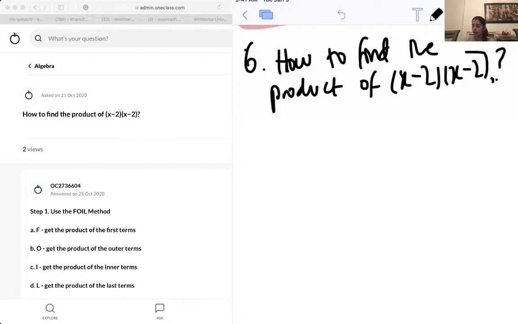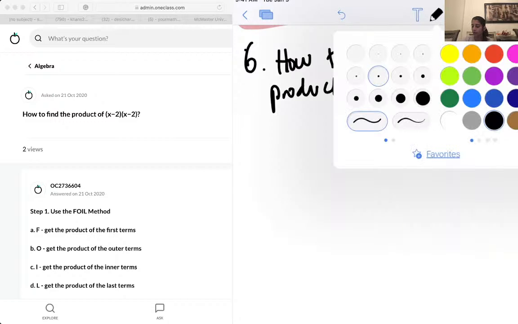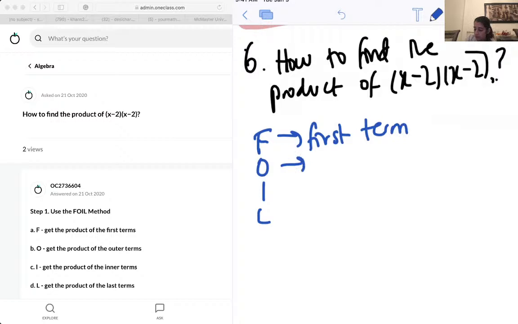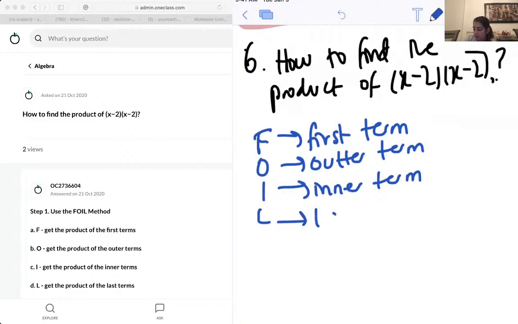So again, we're going to be using the FOIL method. FOIL: first term, outer term, inner term, and last term.